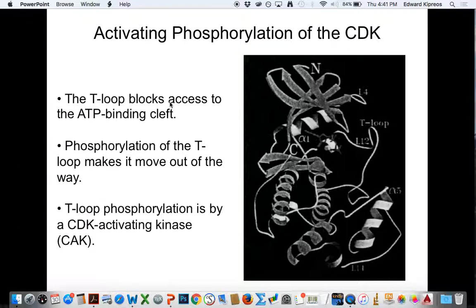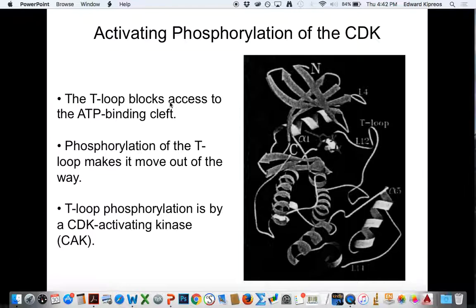And then there's activating phosphorylation, which involves this T loop. Here's the binding pocket. In the activating phosphorylation, the substrate has to get here to be next to the ATP, because they're going to take the last phosphate from ATP and put it onto the substrate. The T loop is like a loop that's blocking it, so the substrate can't get in.